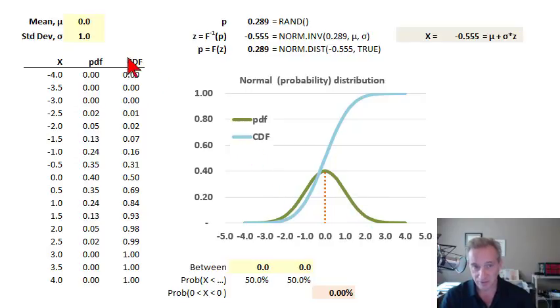The standard normal is elegant because it only requires two parameters, mean and standard deviation. If I have mean of 0 and standard deviation of 1, then I have the so-called standard normal. And then here I have three calculations that illustrate the three key terms I'm trying to convey. I start with small p, which stands for probability.